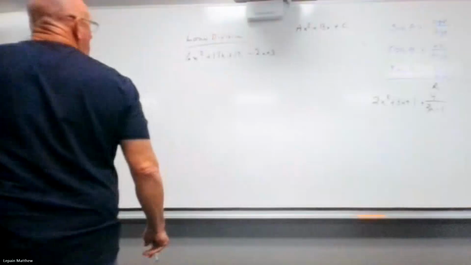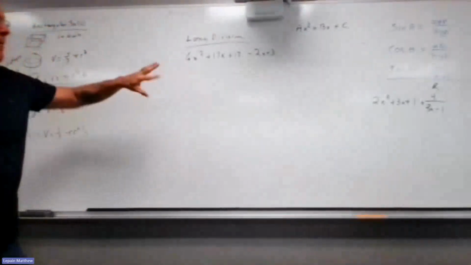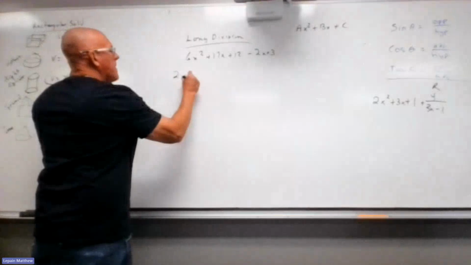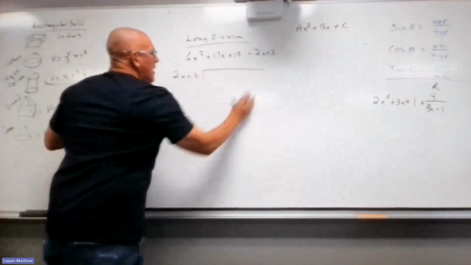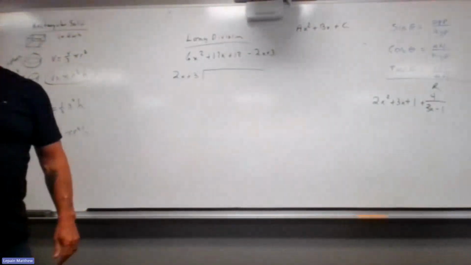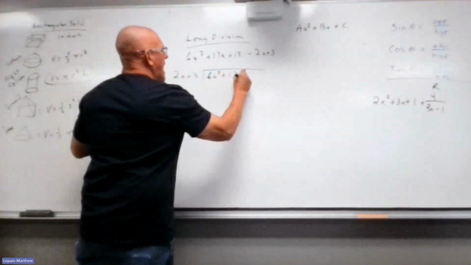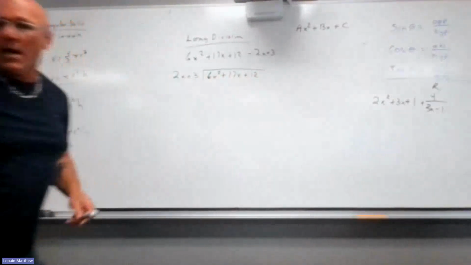Now, how do we divide it? We're going to take the 2x plus 3 and make our long division bar, and we're going to put 6x squared plus 17x plus 12 inside there.